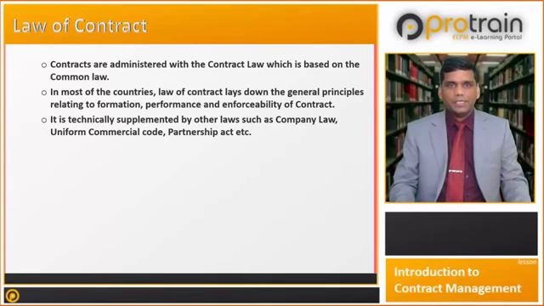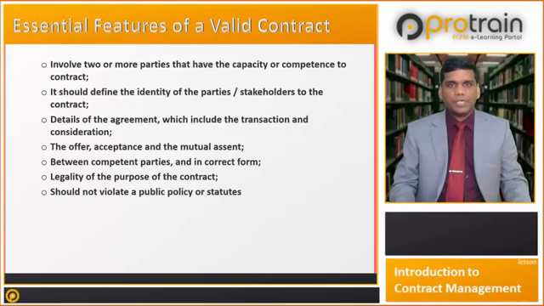Let us see what are the essential features of a valid contract. Essential features of a valid contract involve two or more parties that have the capacity or competence to contract.